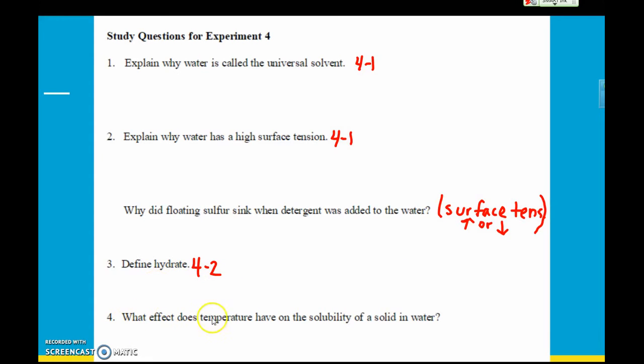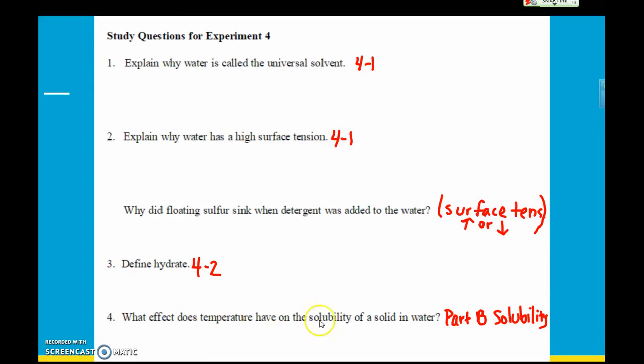A lot of people are asking me about number 4. You're going to go to part B under solubility. And the question you should be asking yourself is, when was the KNO3 dissolved? Was it when the water was hot, or when you put the test tube under the cold water and it went back to a solid?